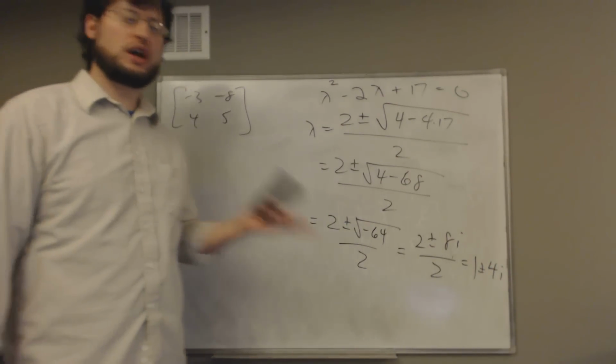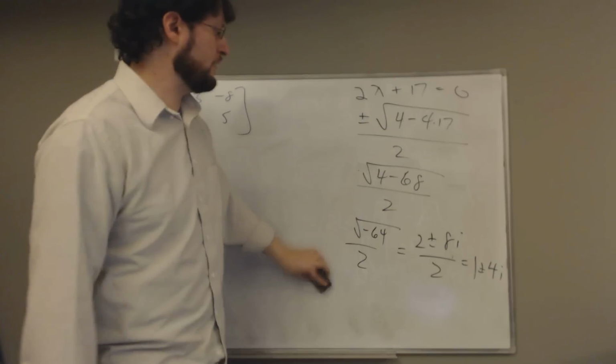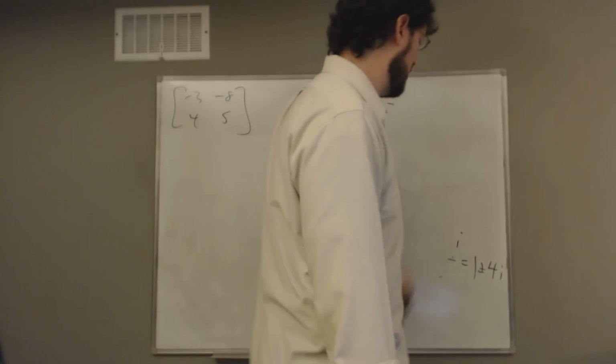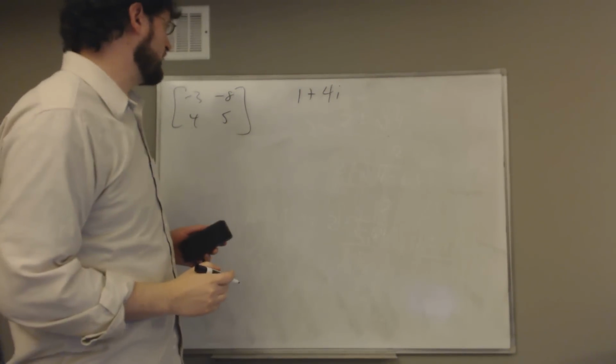So we have two complex eigenvalues, 1 plus or minus 4i. We can take either one of those. Let's just take the positive version, 1 plus 4i, and find a corresponding eigenvector.